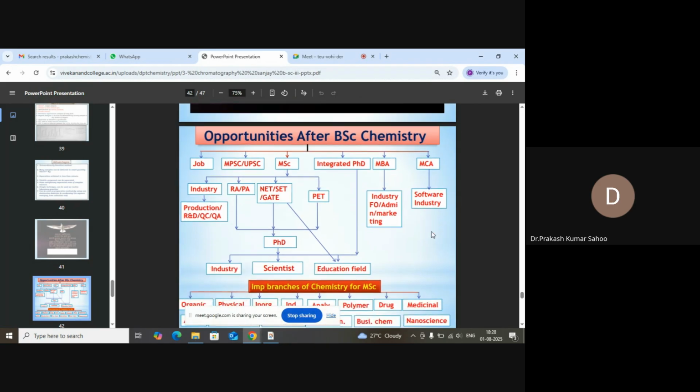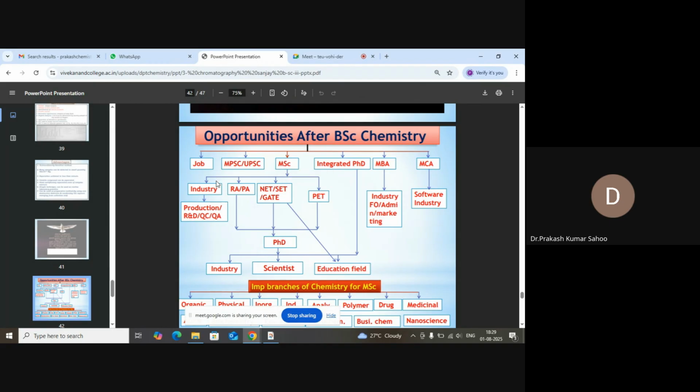So for BSc students or diploma students, what are the different job opportunities after this course? You may pursue UPSC, a master's degree, integrated PhD, MBA or MCA, followed by your MSc.